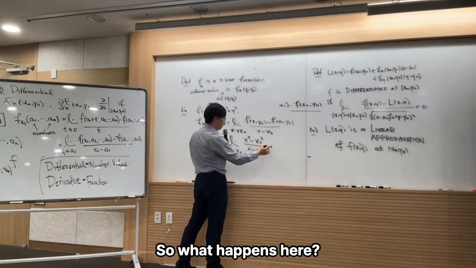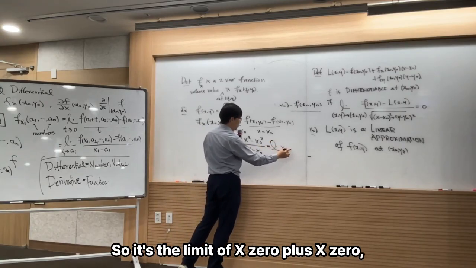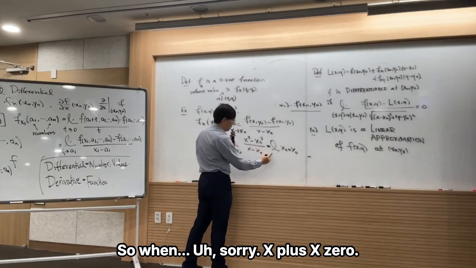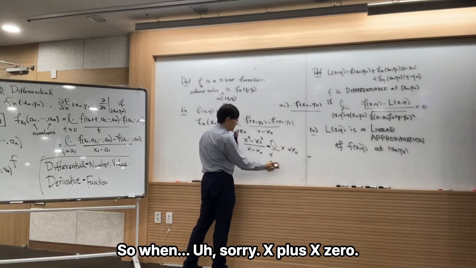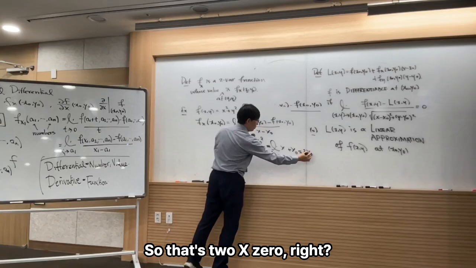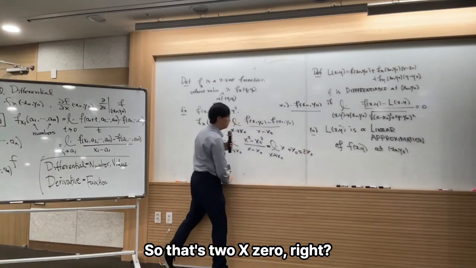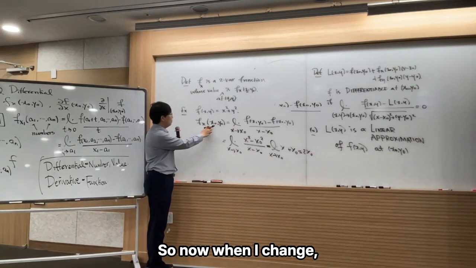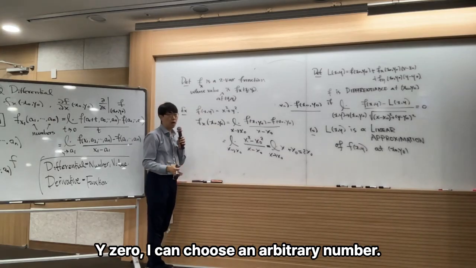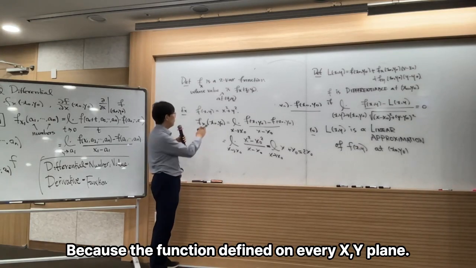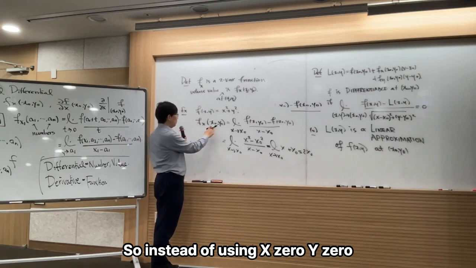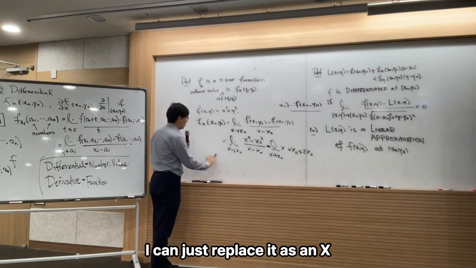So it's the limit of x plus x0, after factoring out x minus x0. That's 2x0, right? Now, when I choose x0, y0, I can choose an arbitrary number because the function is defined on the whole xy plane. So instead of x0, y0, I can just replace it with x and y.